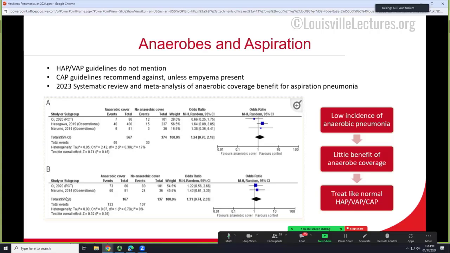Ceftriaxone does have some level of coverage. You're thinking ampicillin-sulbactam. Pip/tazo, which we love to use for gut infections, is a standard of care for hospital-acquired pneumonia. And so there's no real reason to add extra anaerobic coverage in those organisms or in those disease states unless you really do have an empyema or some sort of loculated fluid collection associated with that pneumonia.